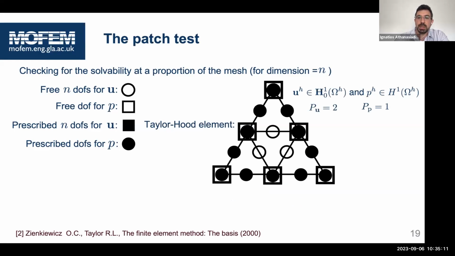So for this, we can refine the mesh in order to have more elements. If we have more elements where each one has a second order approximation on the displacements and the first order approximation for pressures, we get some free degrees of freedom for displacements.